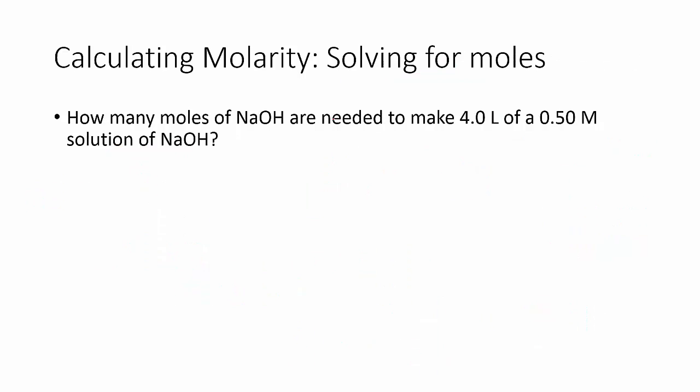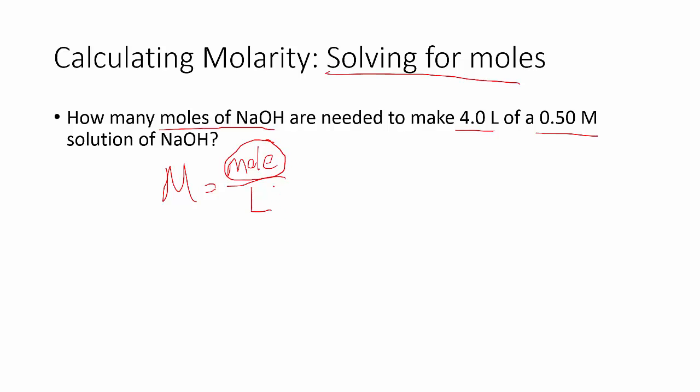All right, well, what if you want to solve for moles? This problem says, how many moles of NaOH are needed to make 4 liters of a 0.50 molar solution of NaOH? Well, this is going to call upon some basic algebra skills, real basic. So we've got moles over liters, and what we want to find is moles. So how do we get moles by itself?